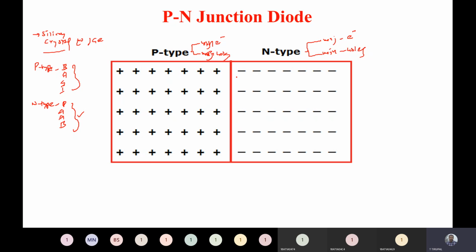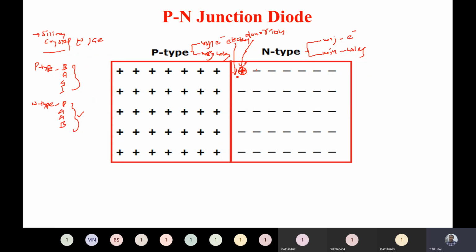It's nothing but an atom, and this atom will donate an electron, the dot, and it will be converted to an ion. So this plus round is called a donor ion, and this dot is called an electron.